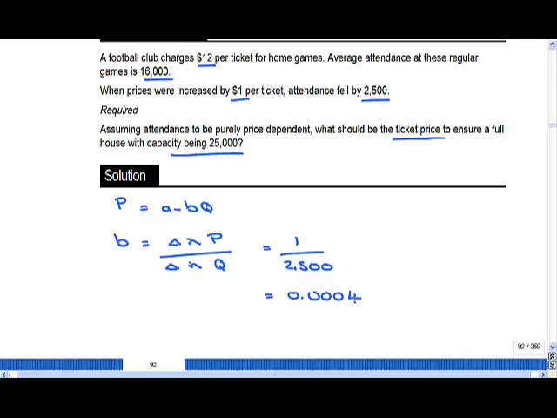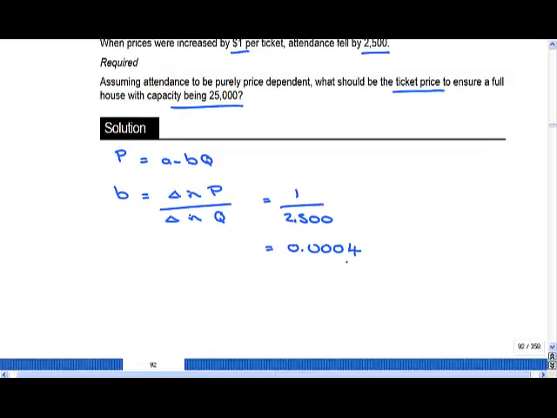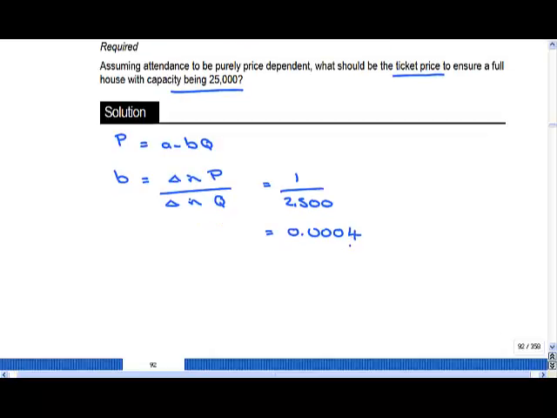So the value for B is 0.0004. You'll often get values like this for B, so do be careful, make sure you bring in the right number of zeros. So let's drop that into our demand function along with the other bits that we can from the question. In terms of P, well, we know that our current ticket price is $12. A is going to be the item that we need to solve.